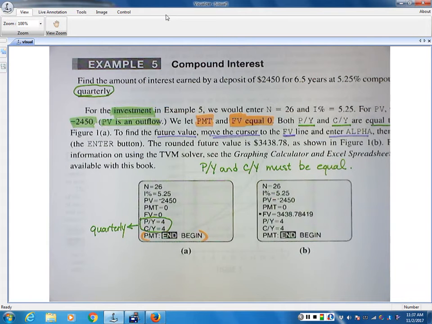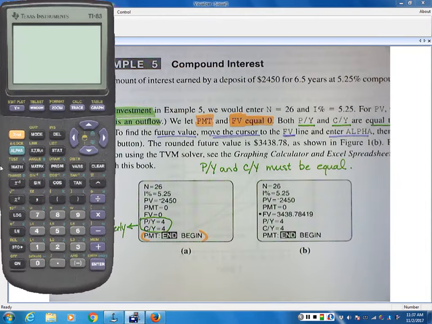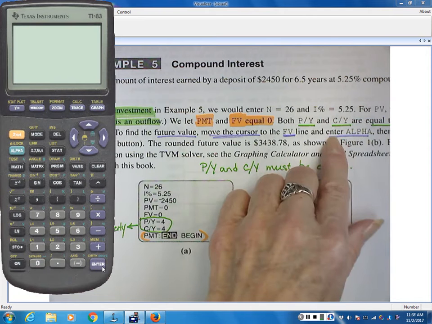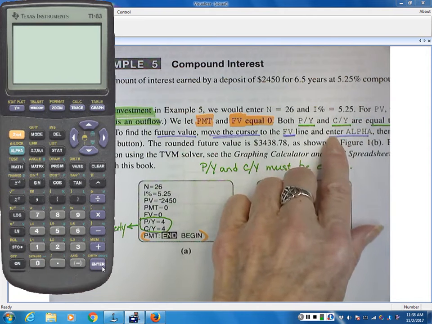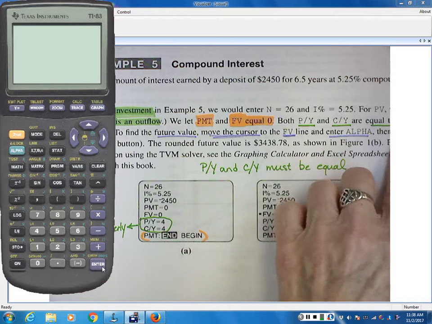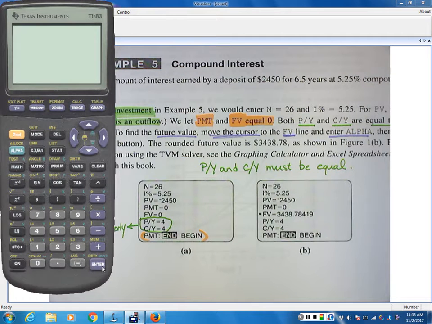Alpha and solve is on your 83, it's this key right here, and then it's enter. So even though it says alpha solve, you're actually doing alpha and then hitting the enter button and it will solve. And we're solving for the future value.